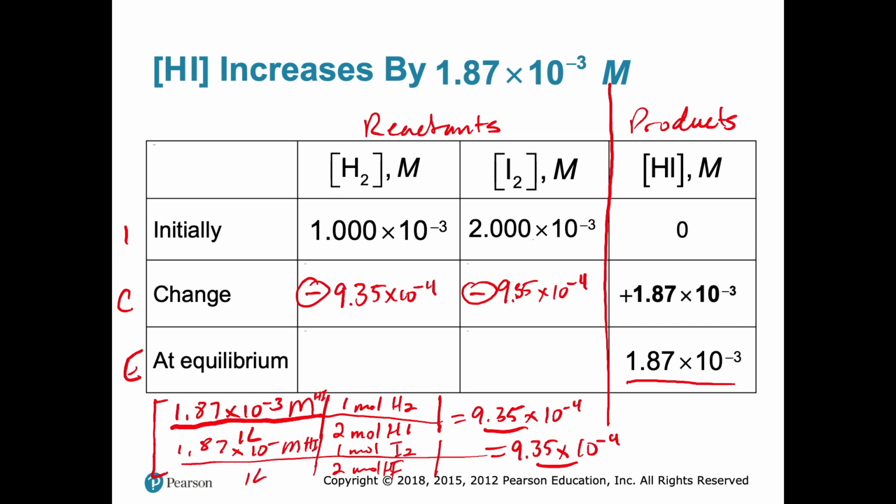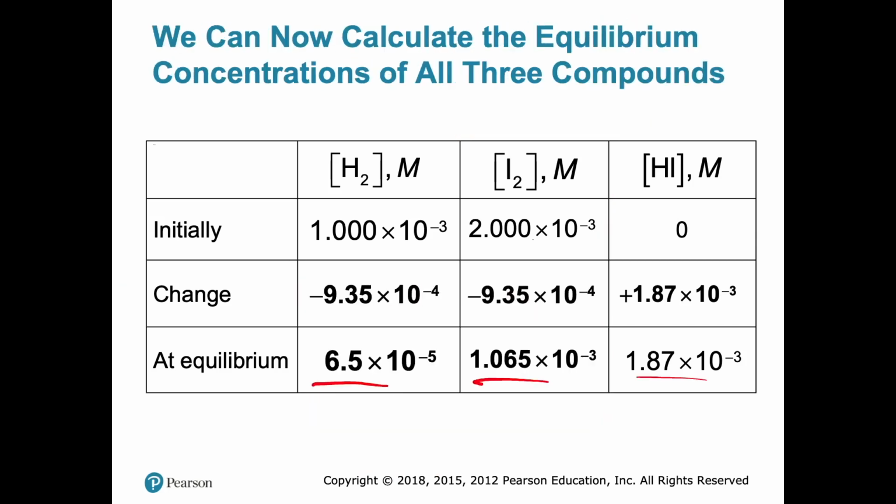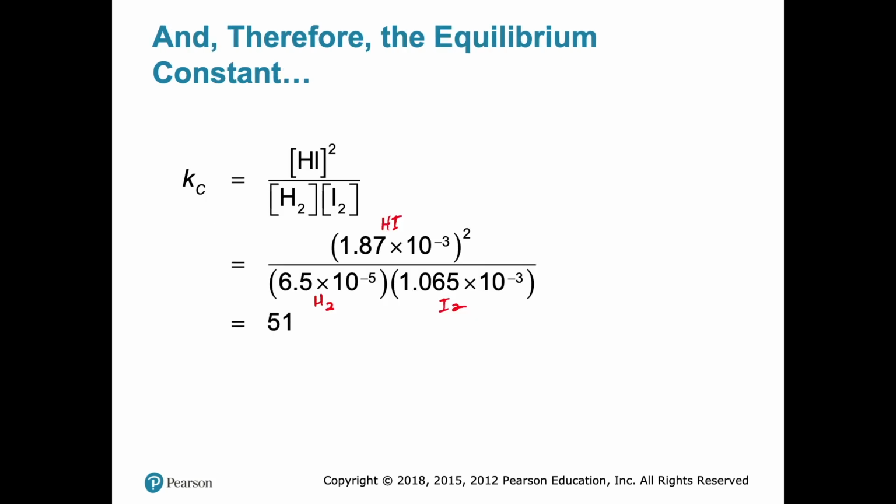The other answer, subtracting from the initial, doesn't happen until after you get these numbers, and that's finding the equilibrium concentration. So finding the change requires the stoichiometry calculation. Any questions so far?